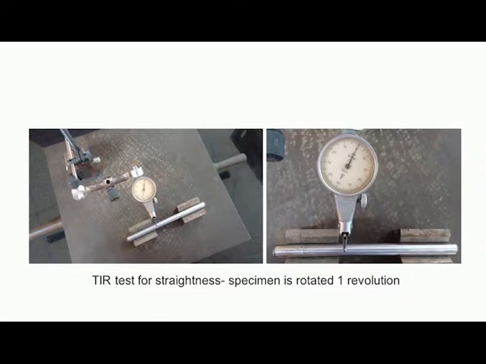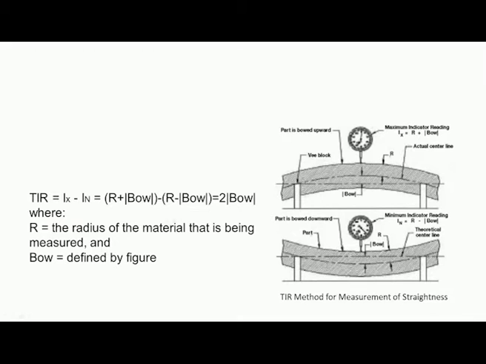The 2 V blocks are kept on the surface plate, and then the rod specimen is placed on the V blocks. We use the test dial indicator, rotate the specimen, and take the readings. Those readings are fed into the expression to get the straightness error.